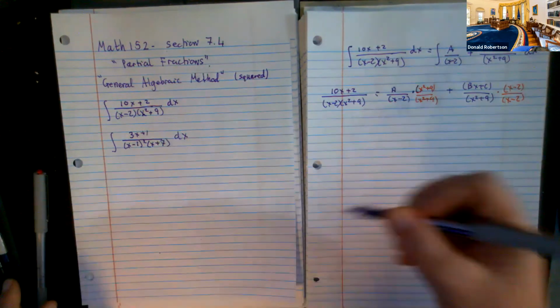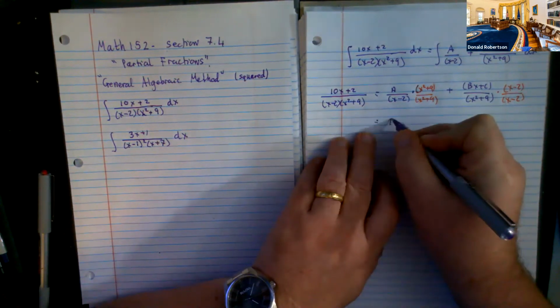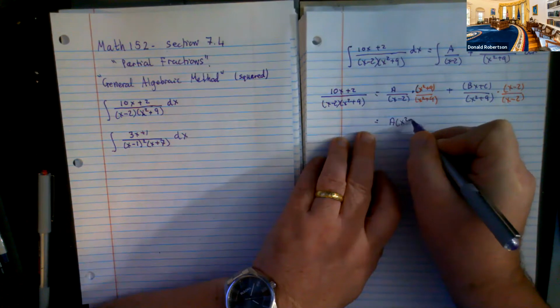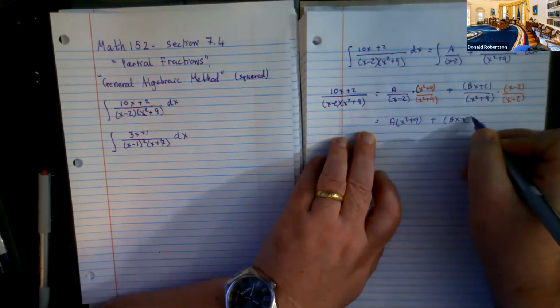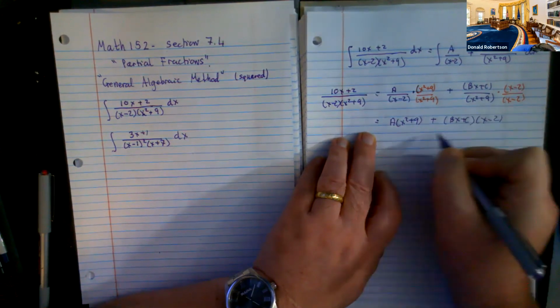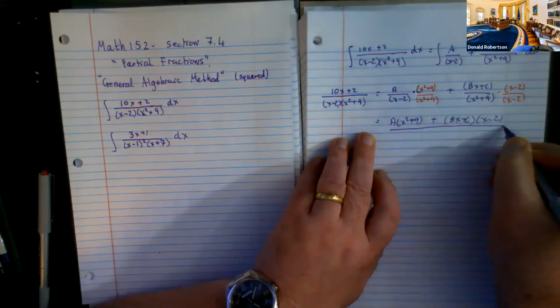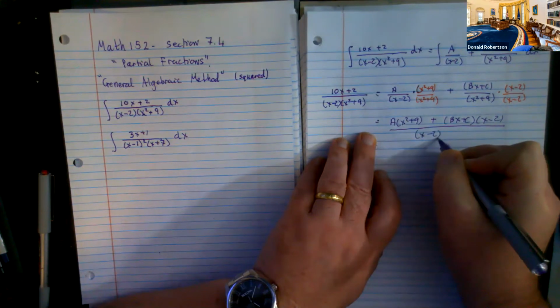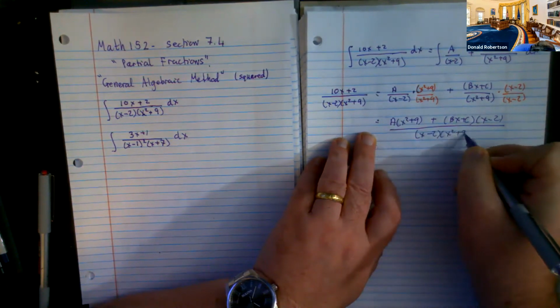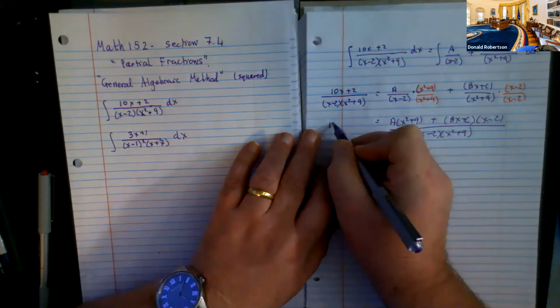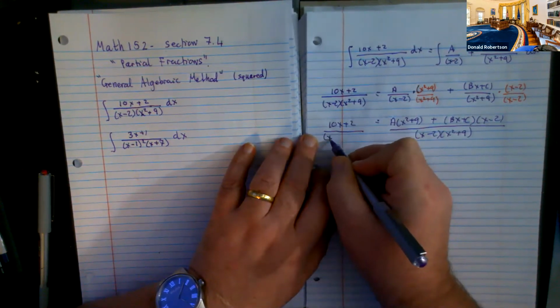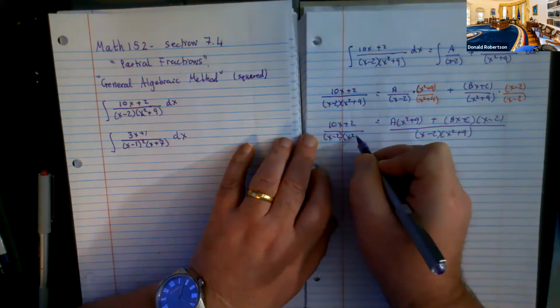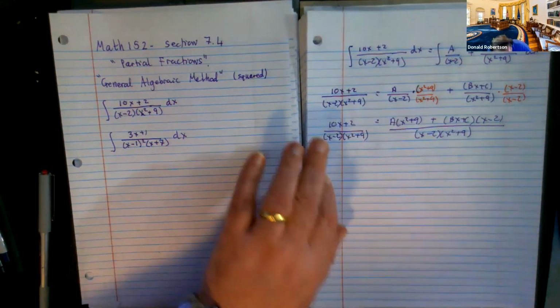Now you put these together, and now you have a(x squared plus 9) plus (bx plus c)(x minus 2) all over these two guys. And that's this fella. So, quick recap.